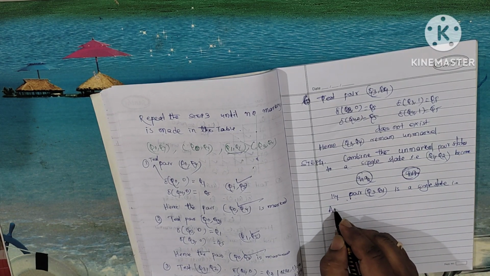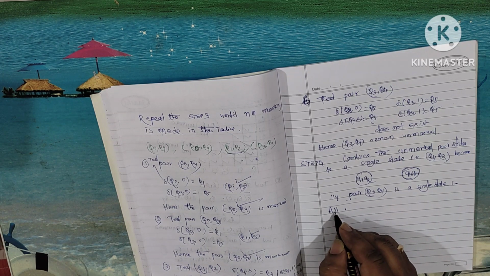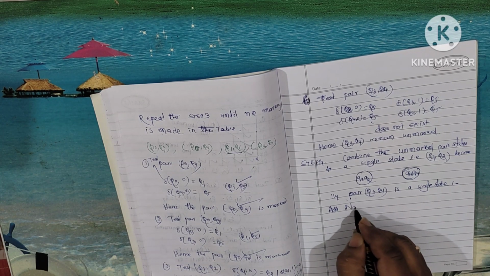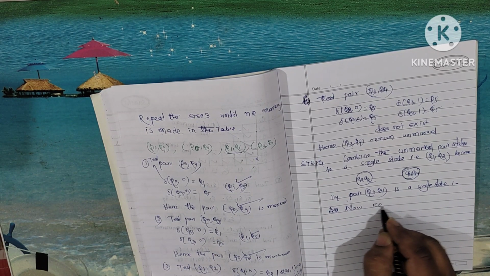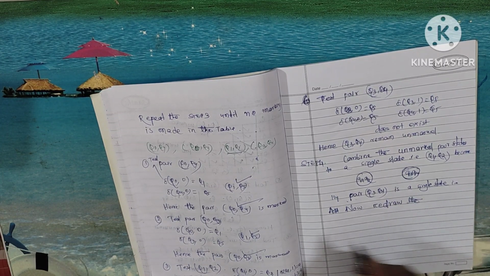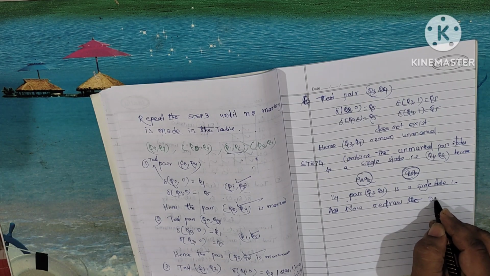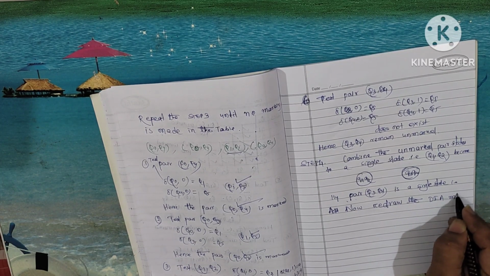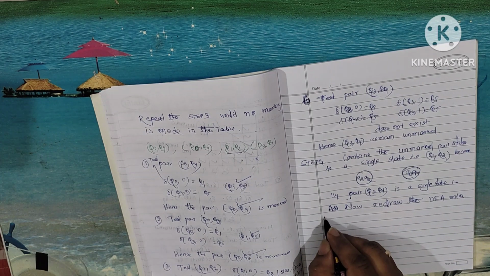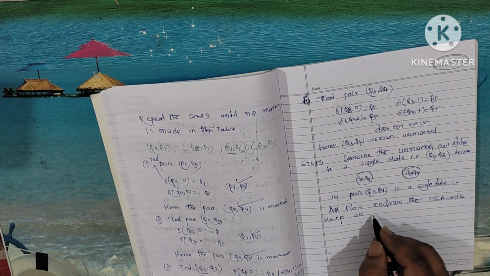All the remaining steps now: redraw the DFA machine keeping all transitions.